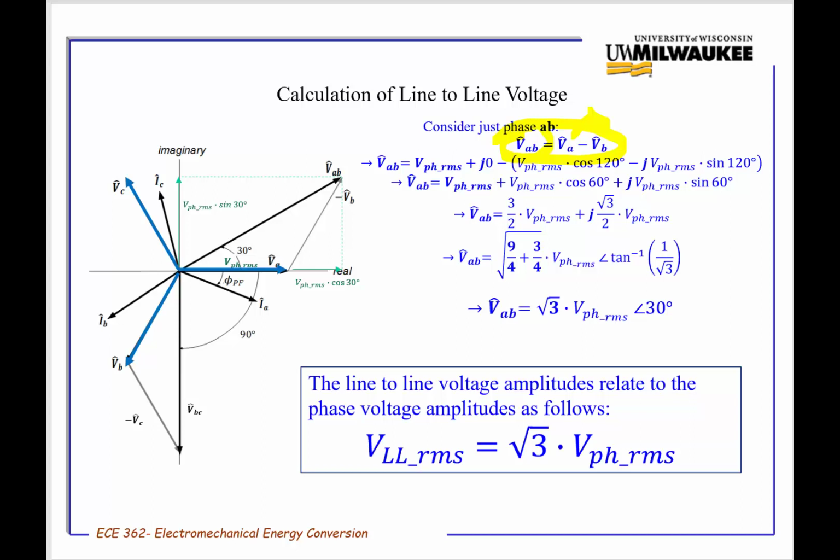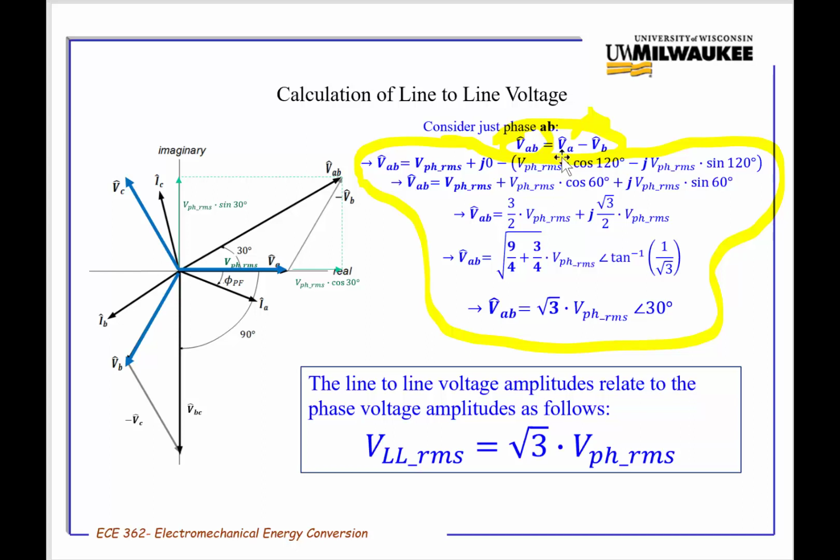So how would we do this using a phasor diagram? We could come up with mathematically what VAB is through all of this math that I've described right here. But we can easily see what it's going to be if we just look at our phasors here.